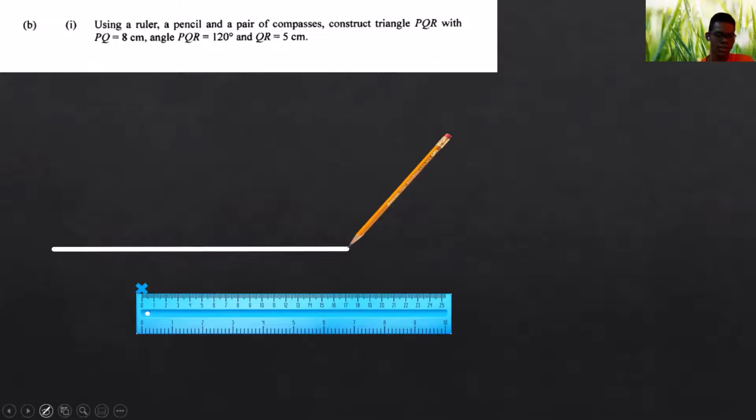So the anchor is X, where you're going to place your anchor, and this is the pencil point, just as I explained just now. So press the anchor at 0 and open it to 8 centimeters. So you want the 8 centimeter width between your anchor and your pencil point, right?